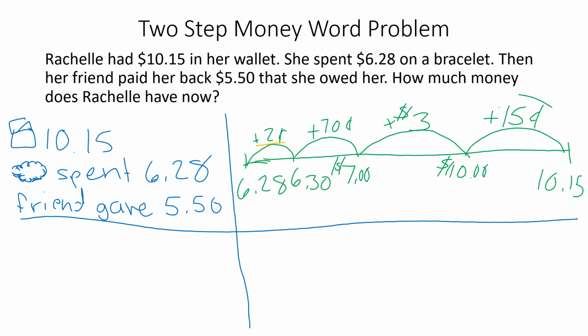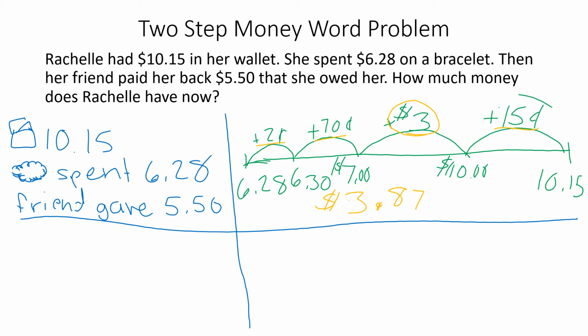So I'm adding all of the change together first. So 70, 85, 85 plus 2 more cents, 85, 86, 87. So that would be 87 cents. Okay. And then $3 was the only whole dollars that I jumped. So the change she would have gotten back would be $3.87.